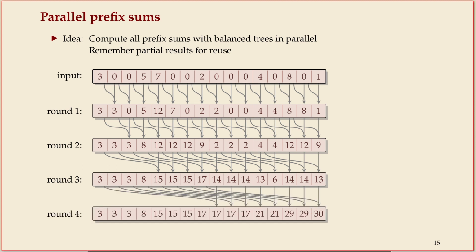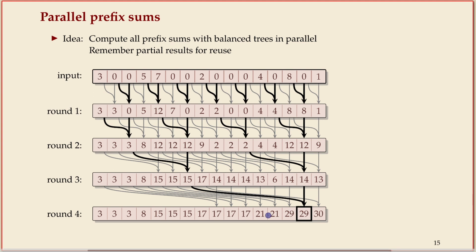And if we do this here, we need 1 more round. And now each of these elements, after the last round, essentially contains a full binary tree of everything to the left of it. And here's the one example highlighted, but it's true for all of those. That's what I meant by doing all the binary trees in parallel.